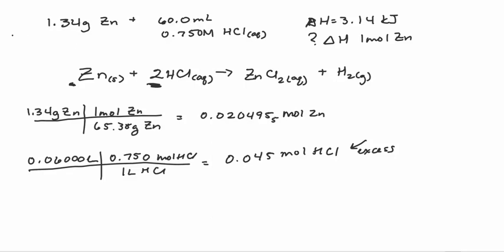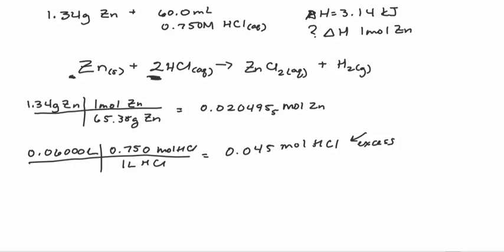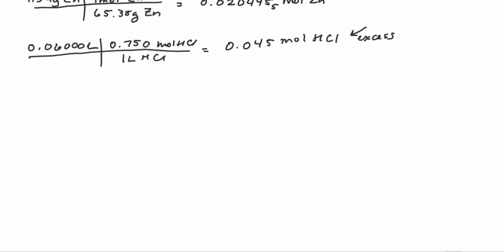So now I'm going to use that energy as a conversion factor. So if I was asked to calculate for 1 mole of zinc, and I had 3.14 kilojoules, and I did say it produces, so that is a negative value.